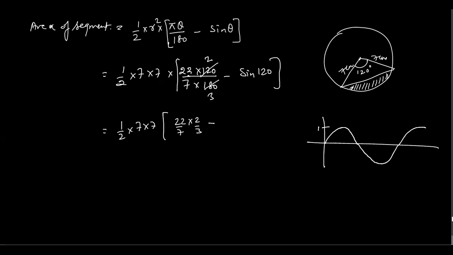This is the graph of sine. If I'm going to find the value of sine 120, here is 90 and this is 180. So sine 120 would be equivalent to sine 90 plus 30, or you can write it after 90, toward 180, as 180 minus theta.